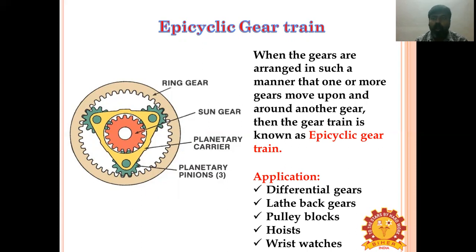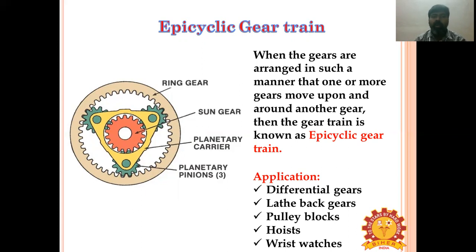Normally a planet is moving around the sun. Here also the planet gear is revolving around the sun gear, as mentioned in the diagram. So that is called planetary motion, the planetary epicyclic gear train.